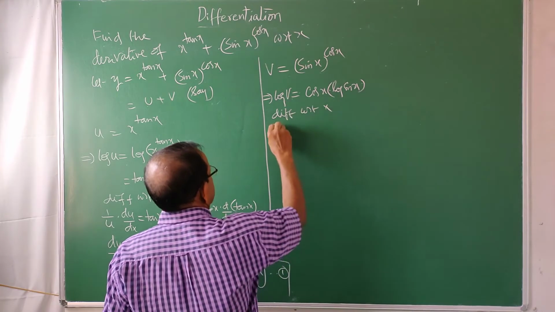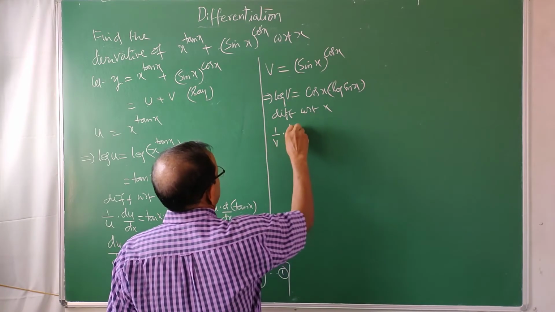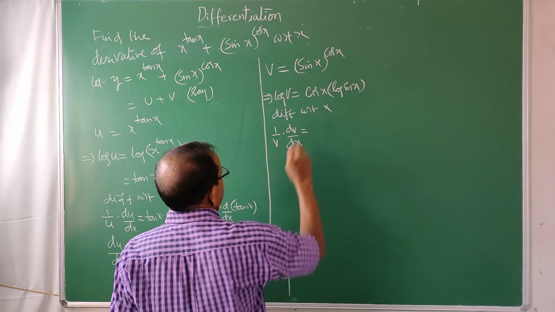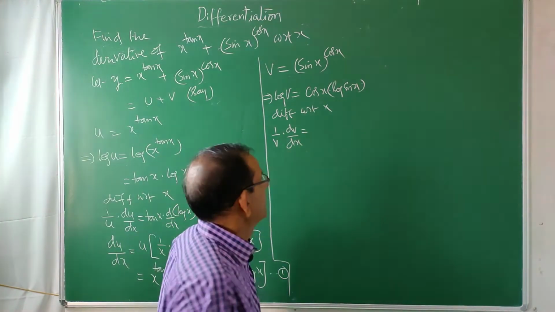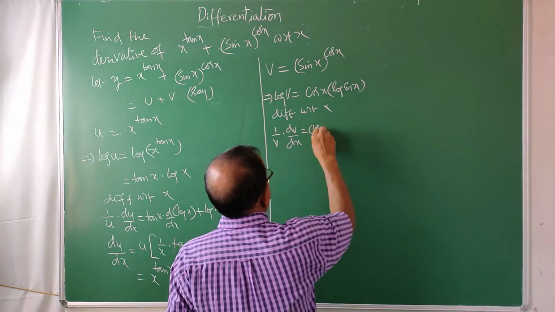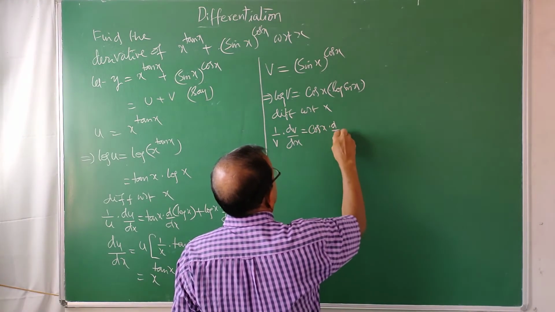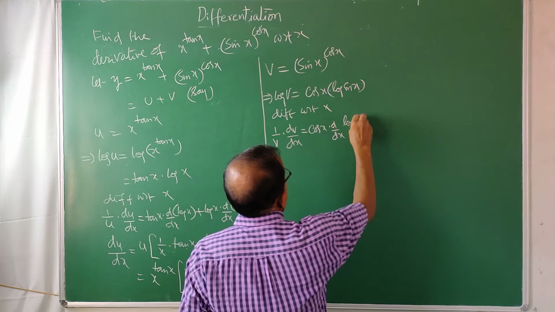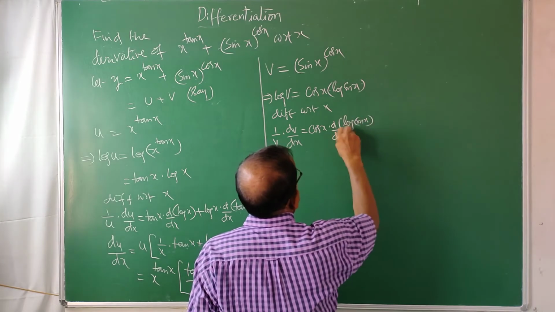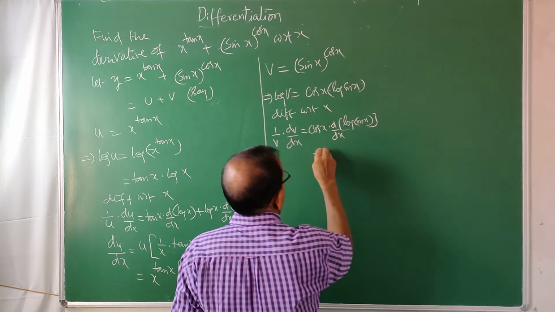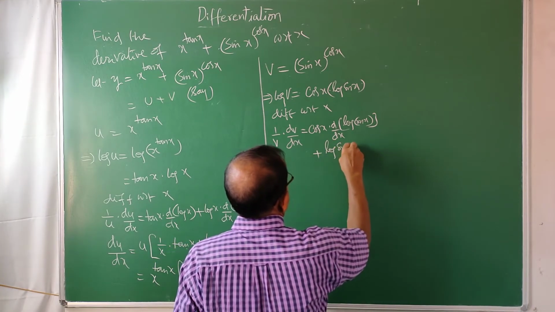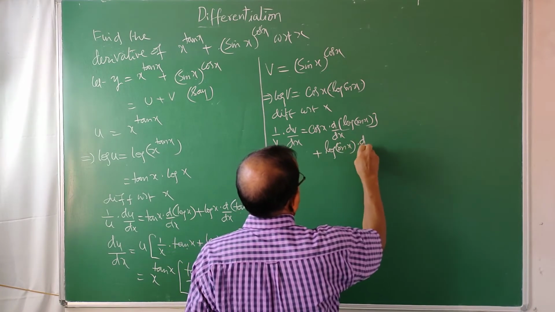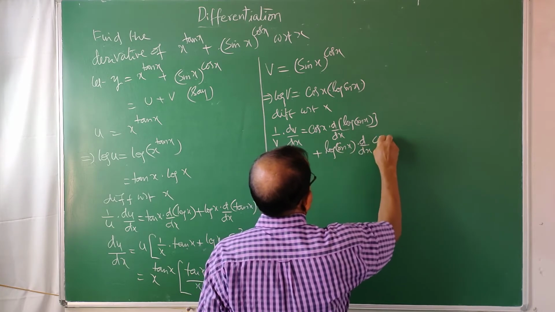Derivative of log v is 1 by v into dv by dx is equal to, but the right side is a product, so apply the u into v formula. This is cos x into d by dx of log of sin x plus log of sin x into d by dx of cos x.